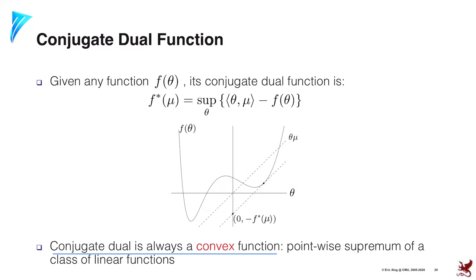Essentially, what we are doing with this conjugate dual function is trying to maximize the distance between this line and this curve. Also, one property of the conjugate dual is that it is always a convex function.